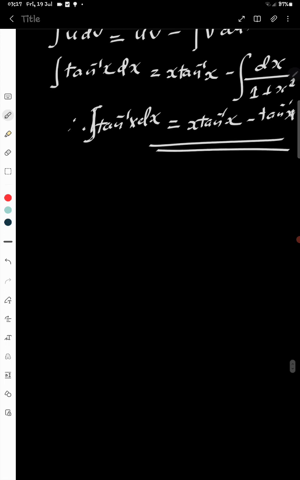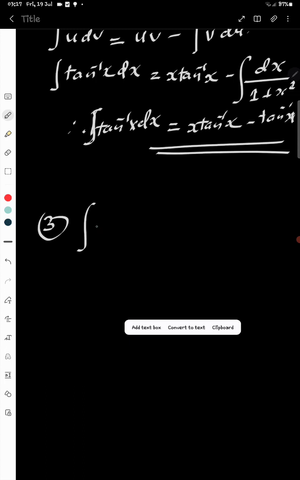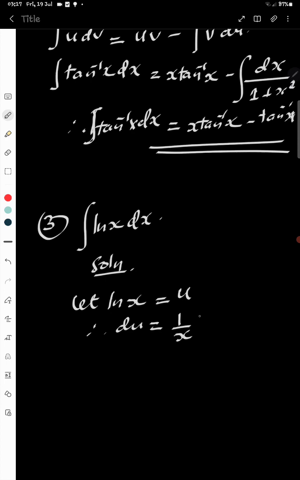The last one, integral of natural logarithm of x dx. Solution. Let natural logarithm of x is equal to u. Therefore, du is equal to 1 over x dx. dv is equal to dx, v equals x.